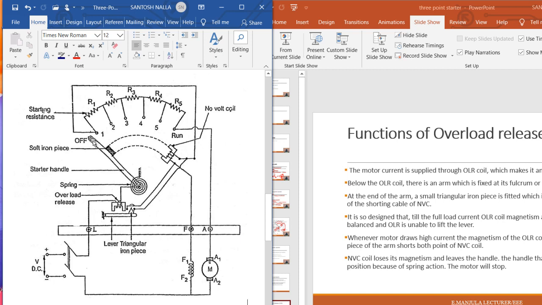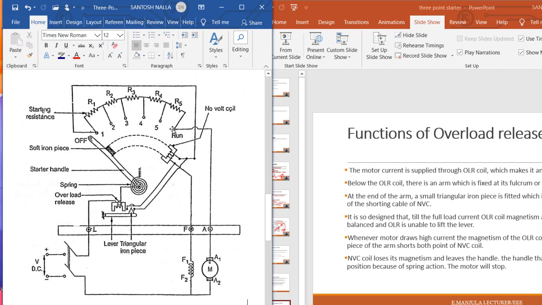So as this handle moves through 2, 3, 4, 5, once it reaches the run position, the field current will flow in this path, and the NVC coil will get energized, and this soft iron piece will come near and be attracted.